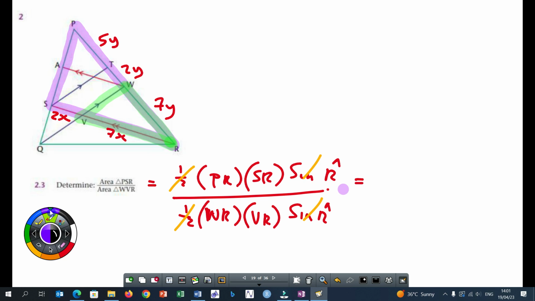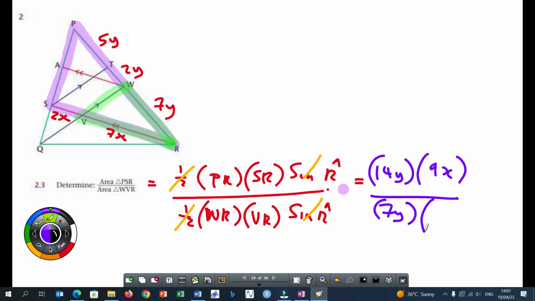Right? So PR is going to be 14y times SR, that will be 9x, over WR, that's 7y, and then we have VR, that's 7x. Already I'm smiling there. I hope you can see that.